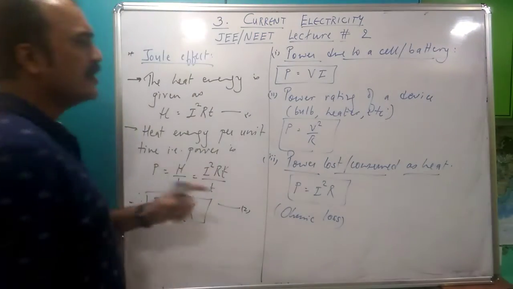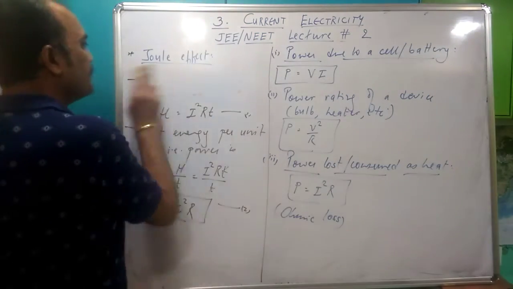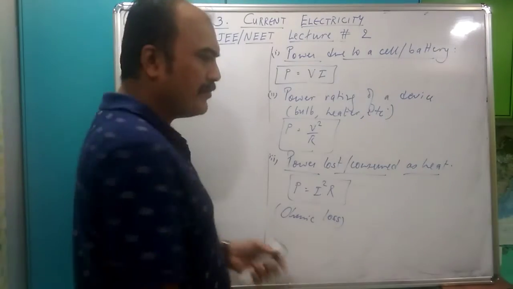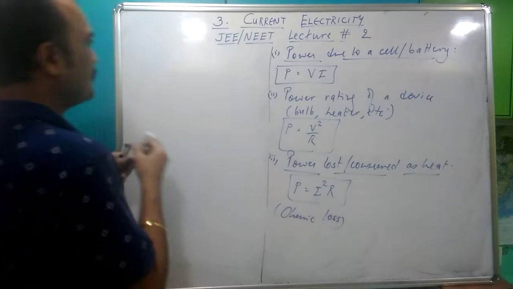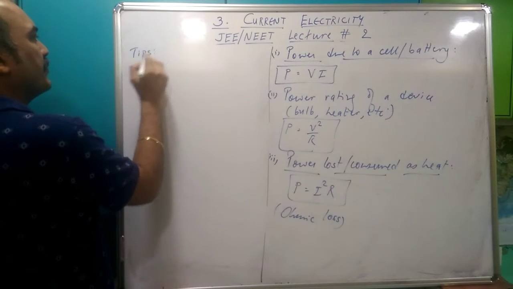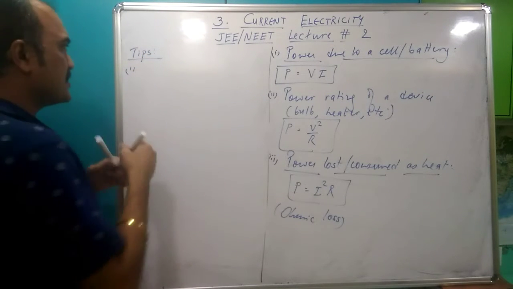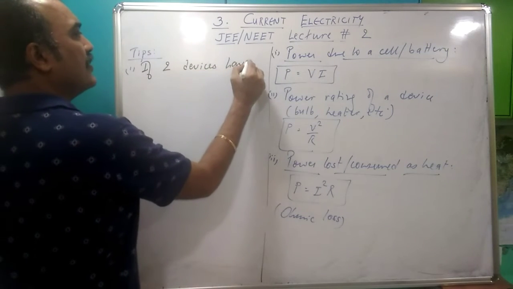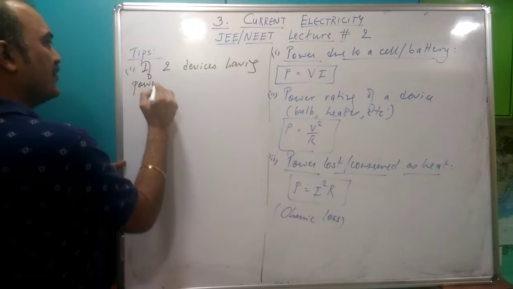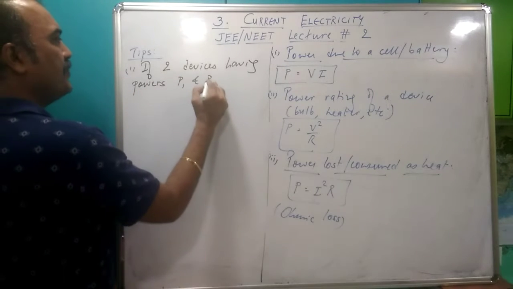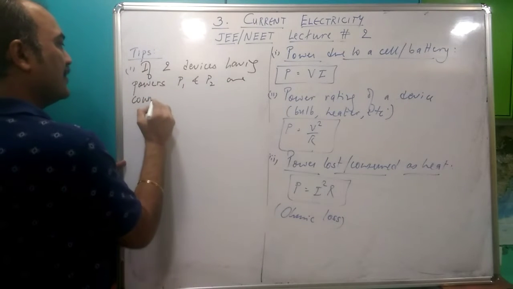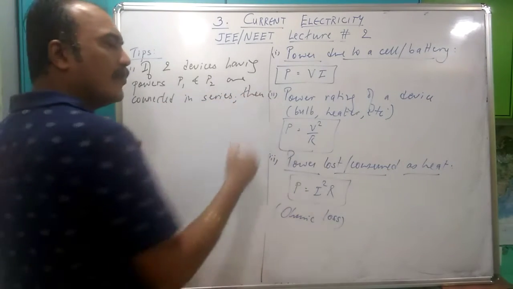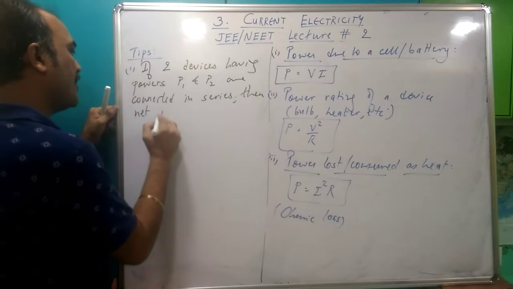But we have seen all that in theory. We are looking at these three equations primarily. And let us also go on. Let us look at, for example, if I have two devices, these are some tips that we can use. If two devices having power ratings P1 and P2 are connected in series, then what is the net power consumed?